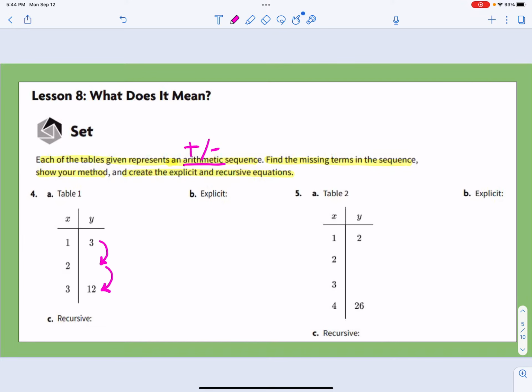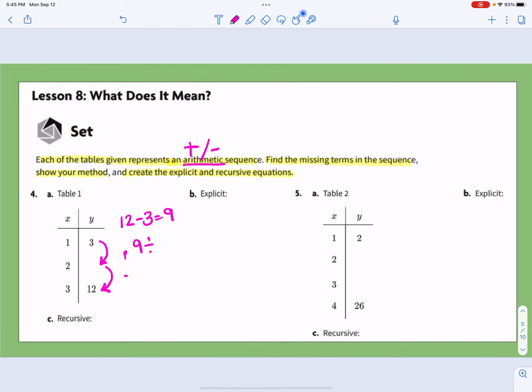Whatever I'm going to do, I'm going to do it twice. So let's say, what's the difference between 12 and 3? Well, 12 minus 3 is going to be equal to 9. So if I take the 9, I know that I have to add the values inside the 9 two times. I'd make 2 little jumps there.